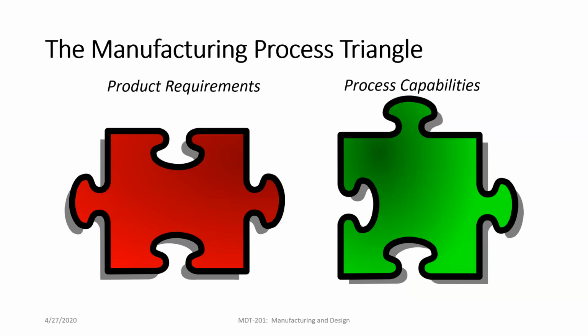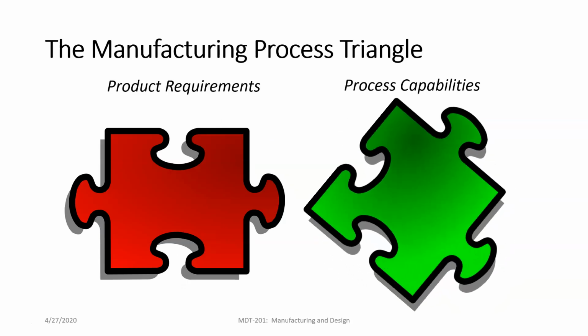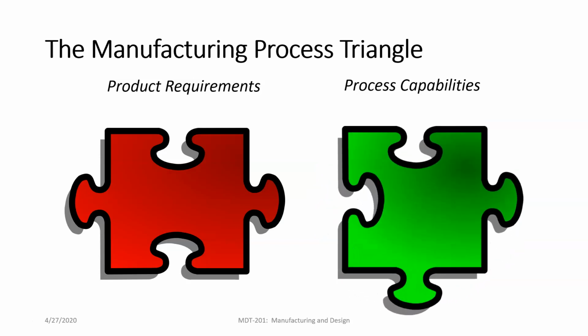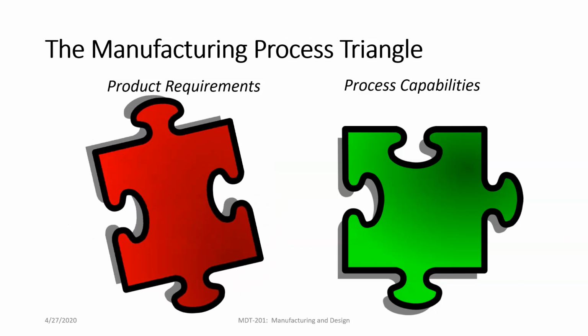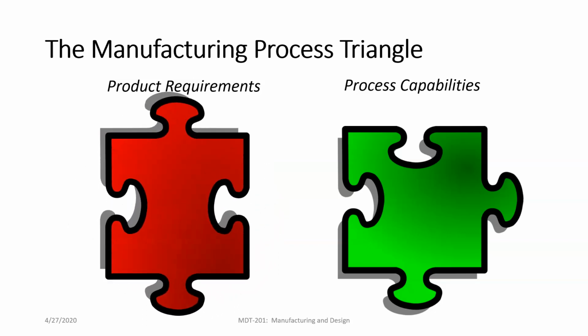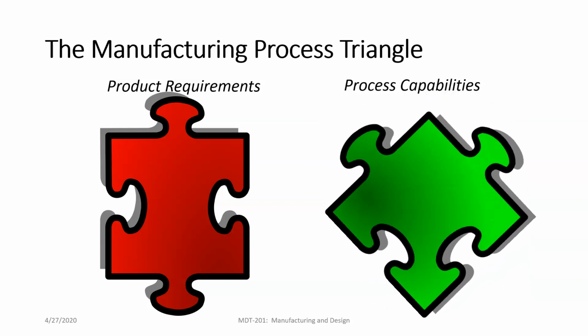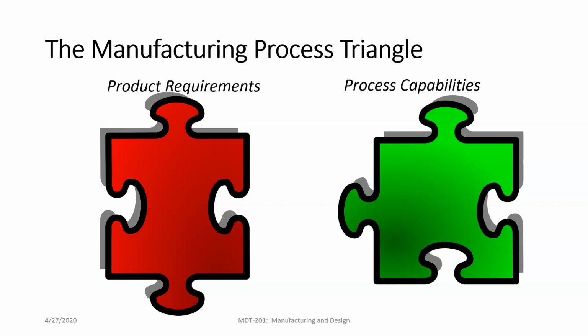So what we're trying to do here with the manufacturing process triangle is match our product requirements with our process capabilities. On the left, product requirements: what we want our product to do, to achieve, to be able to do, and how we can achieve that through our production processes.